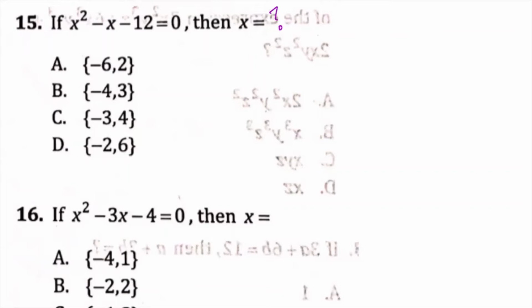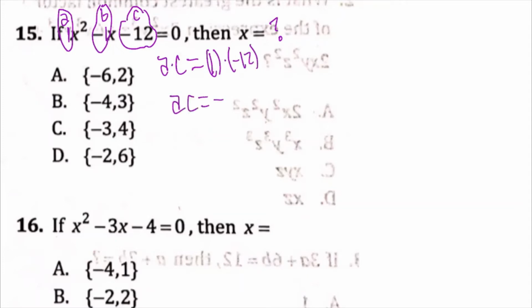We need two numbers. So we're going to use the AC method. AC method is, with the terms we have here, we're going to multiply A, and this is my C. And then the middle one here is my B. So A times C is equal to 1 times -12, which is just -12.